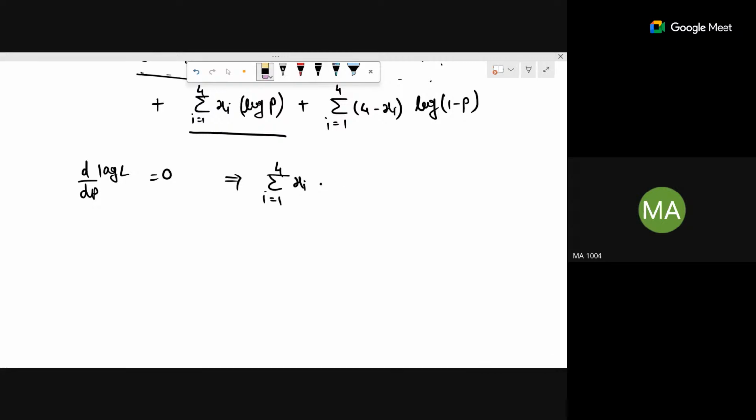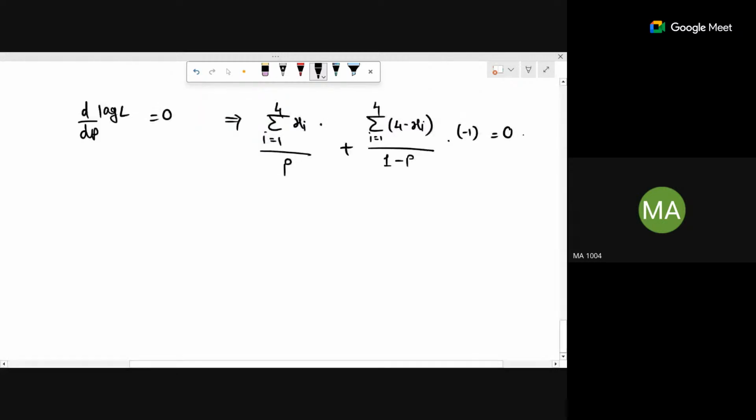So we have this divided by p, plus again the summation outside of 4 minus xi, log of 1 minus p, that is 1 upon 1 minus p into minus 1, which is equal to 0.